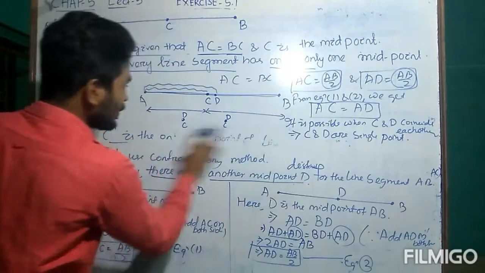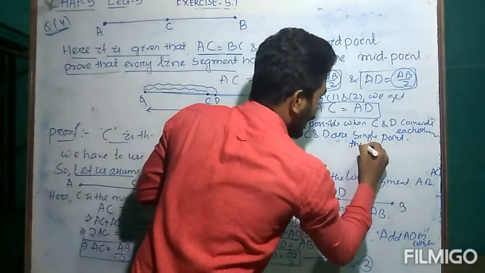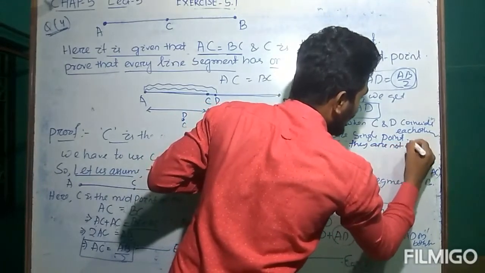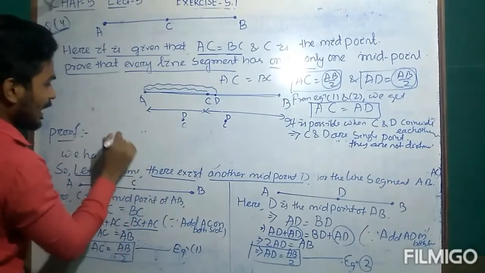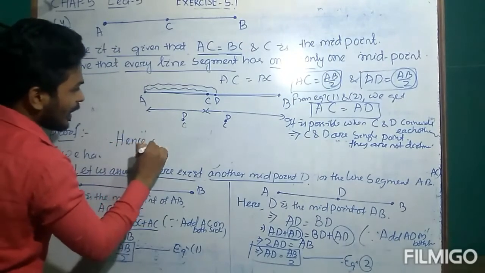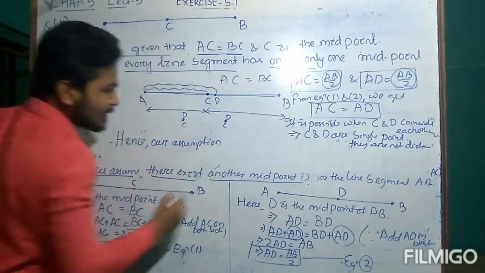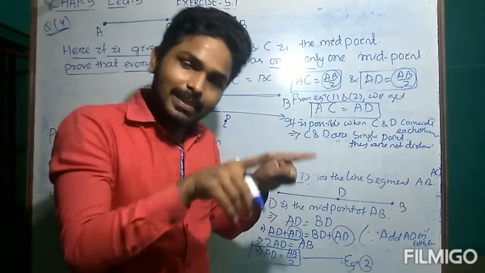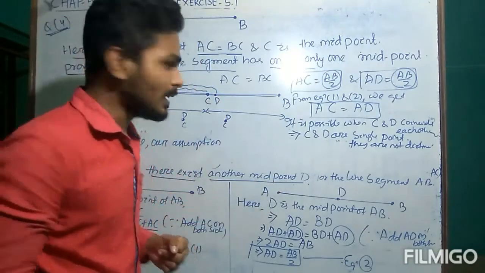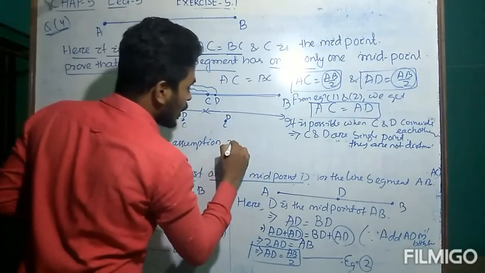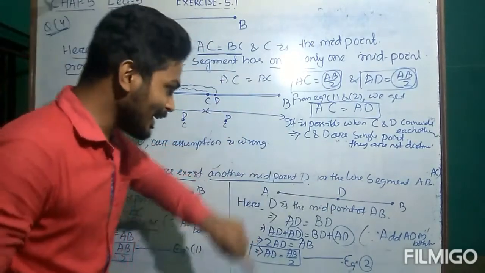Understood? Hence, what we have assumed is that C and D are two distinct points, isn't it? So our assumption is wrong.